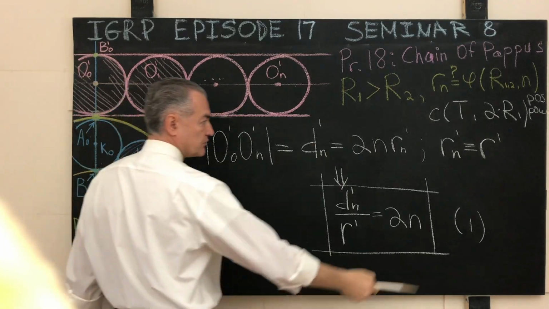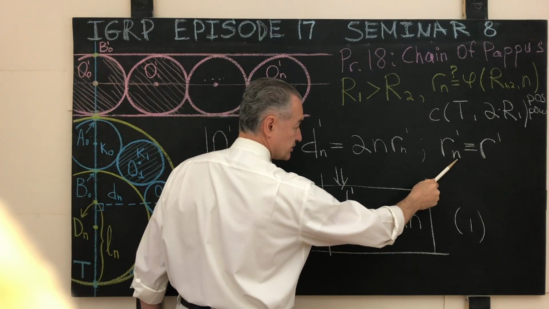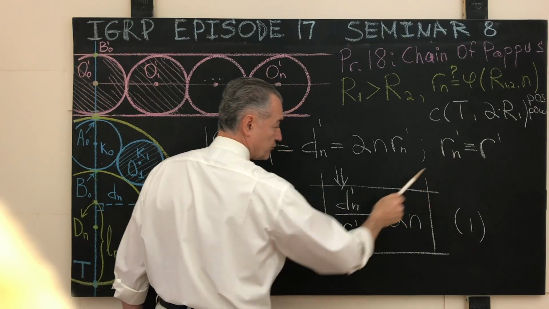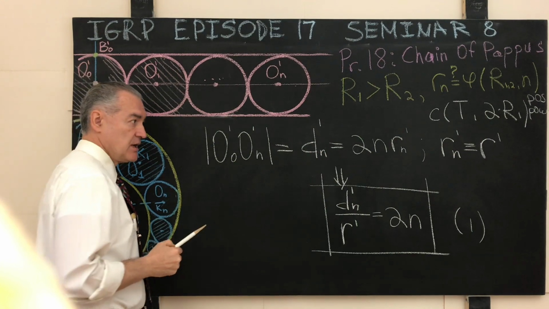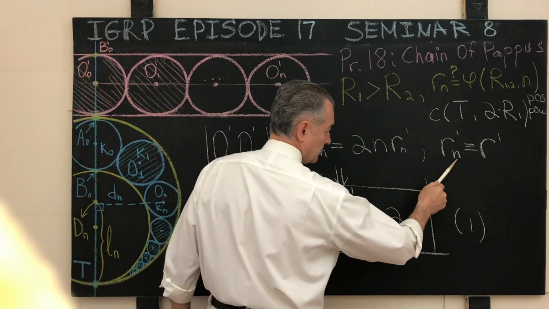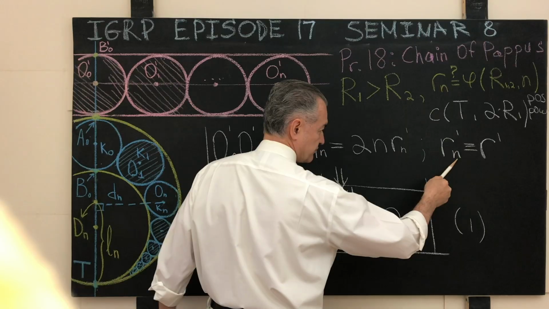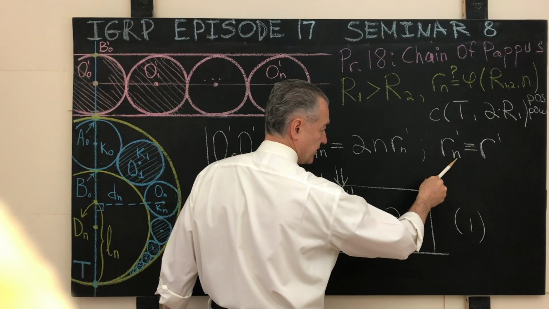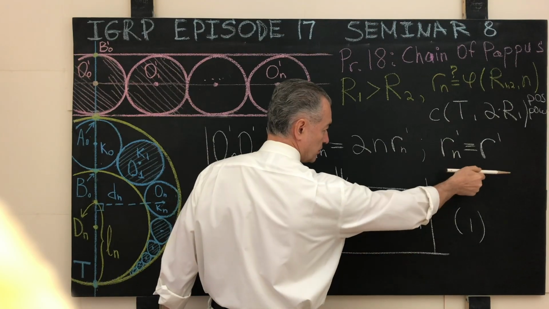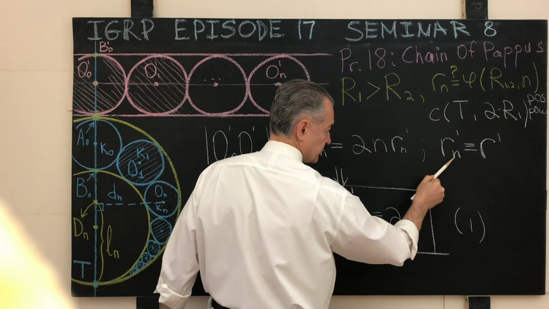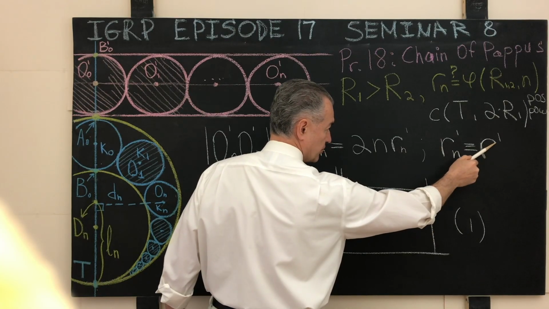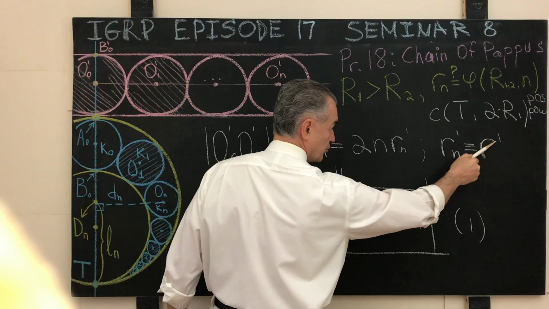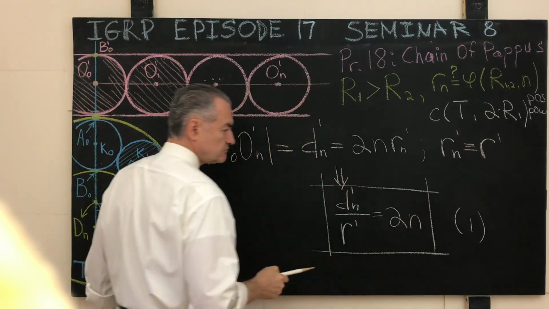And also don't forget that precisely because the radii of all the inverted circles are one and the same, it doesn't really bring any new information to designate this radius with the subscript n. So we will drop the subscript n. In the consequent manipulations we will simply relate to it as r prime.